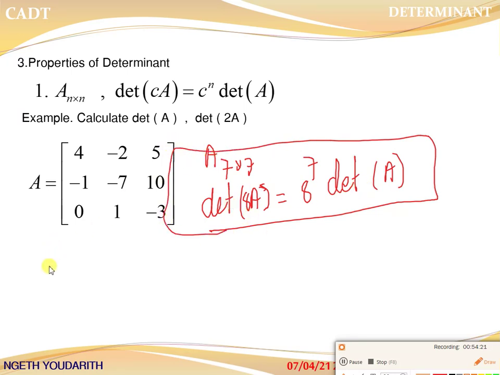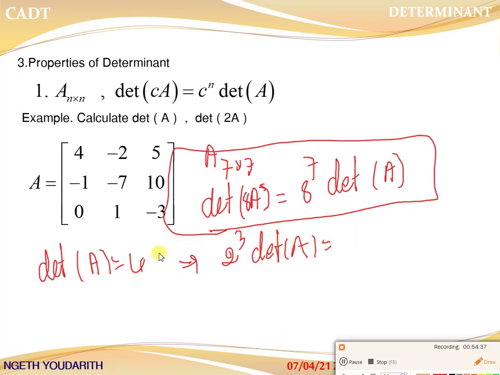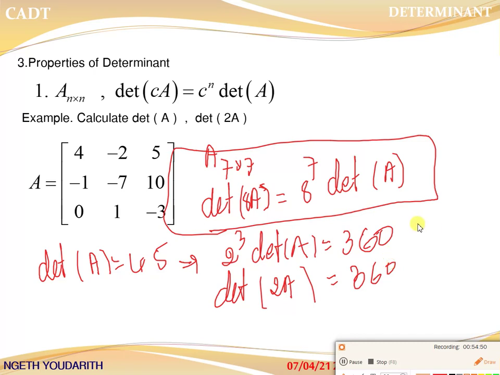This is similar to our example here: determinant A is 45, so 2 to the power 3 times determinant A is equal to 360. And the determinant of 2A is 360.